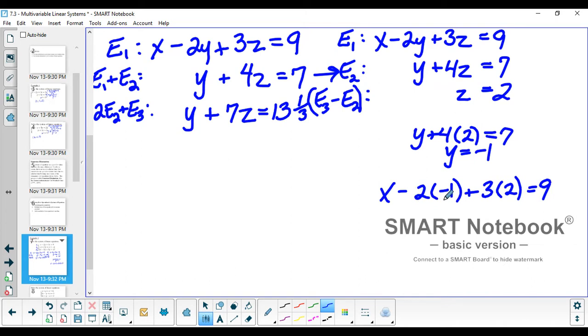Negative 2 times negative 1 is 2. 3 times 2 is 6. 2 plus 6 is 8. So x plus 8 equals 9. Subtract 8 from both sides. x equals 1. So now I have my x, my y, my z, and the solution to this set is 1, negative 1, 2.